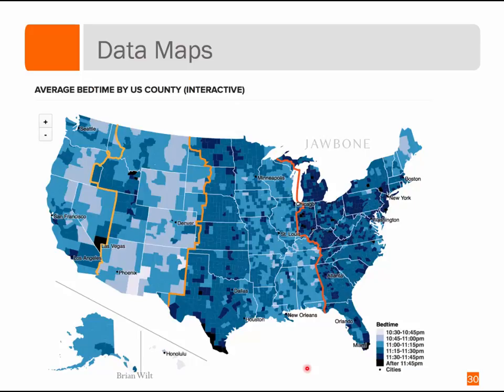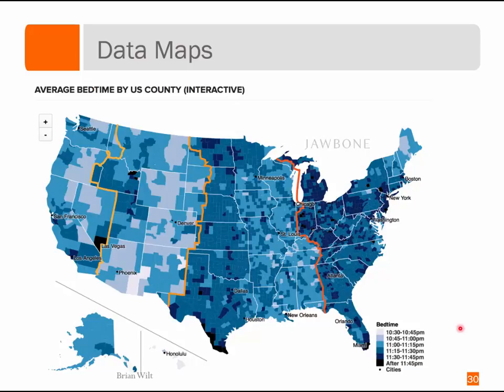So what's encoded here is different bedtimes, the time people go to bed by county. And that's determined based on the condition of inactivity being recorded in the data coming from the wristbands.